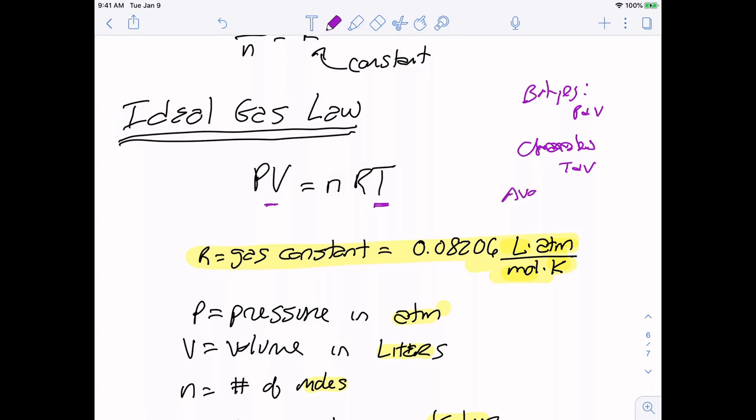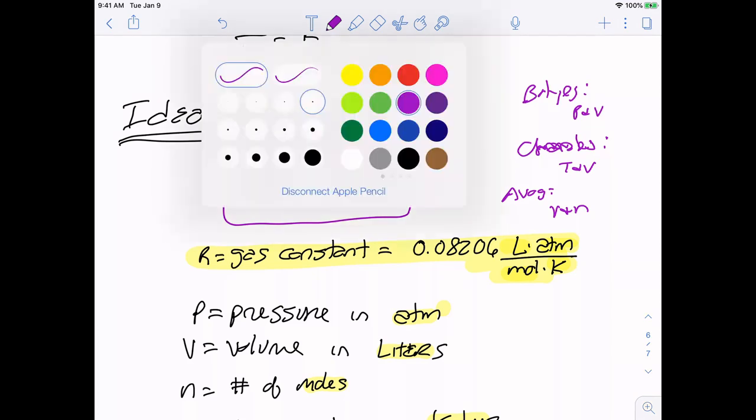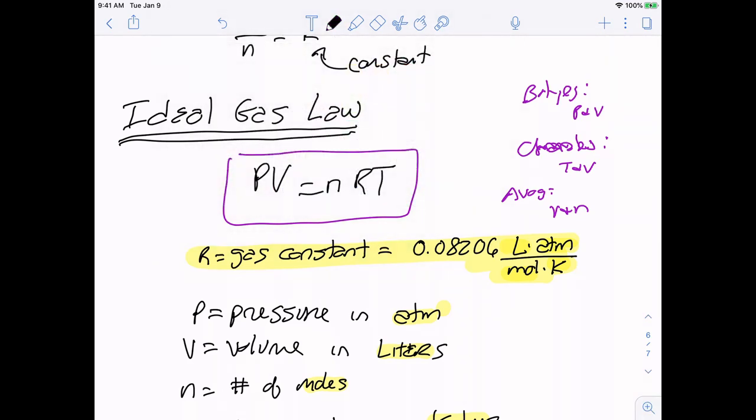And then Avogadro's law, that was the relationship between volume and the number of moles. And again, those two are on opposite sides, right? Volume is here, the number of moles is here, the equal sign is between them. So if one goes up, the other also goes up. So you can use this, which again is on your table, you don't have to memorize it, to help you remember these other laws.